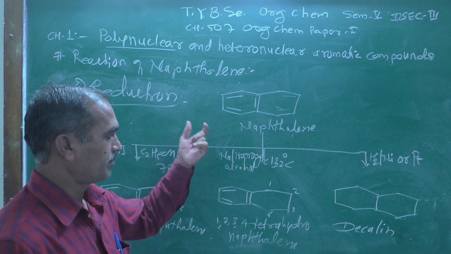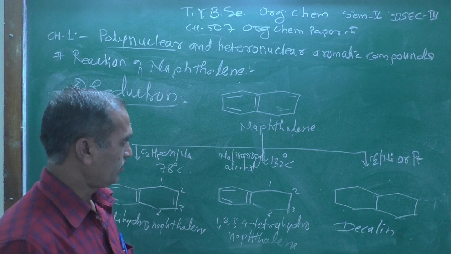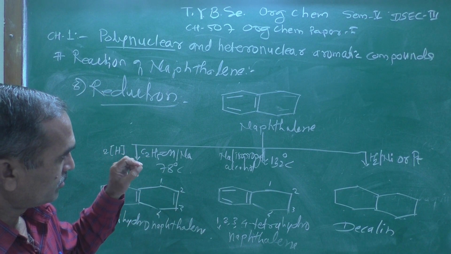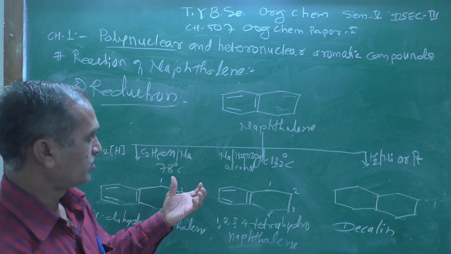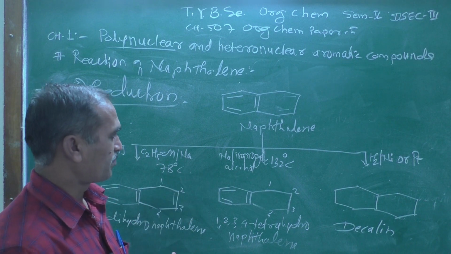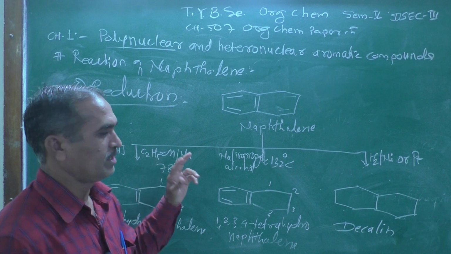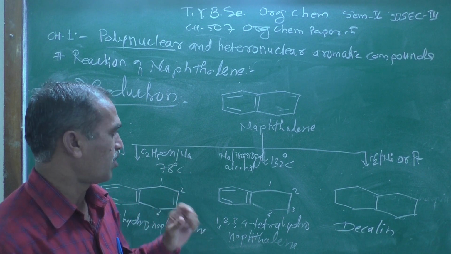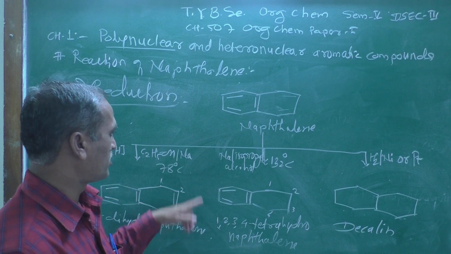Another way is when sodium metal is used with isopropyl alcohol. Only the alcohol combination is changed, and the temperature.